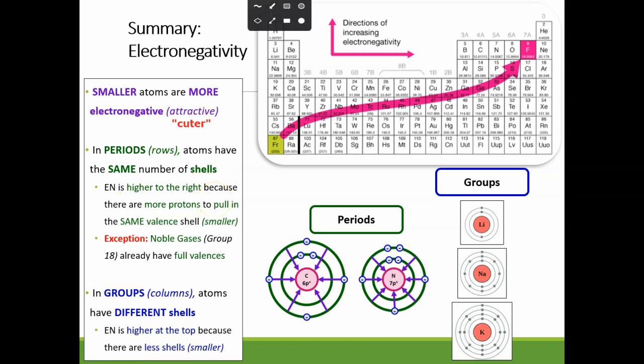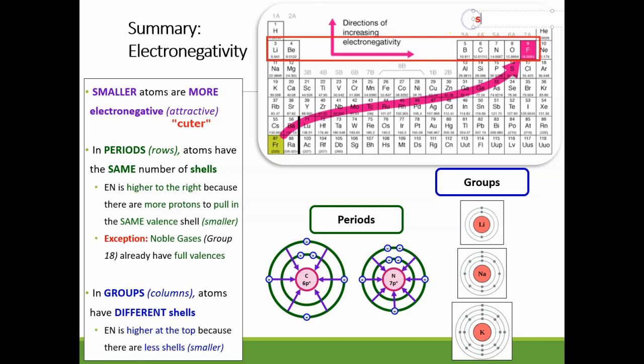So we can see here that, for example, as we go left to right, we actually get smaller on the right side, which means it's more electronegative. Smaller on the right, which means more electronegative, okay?